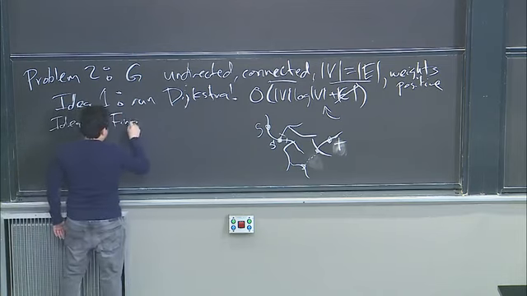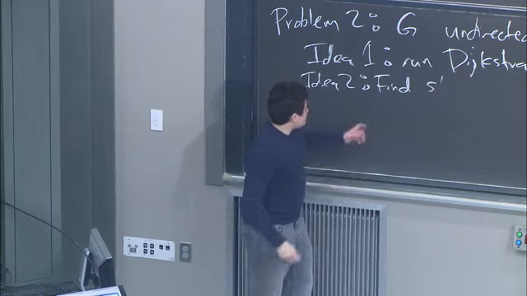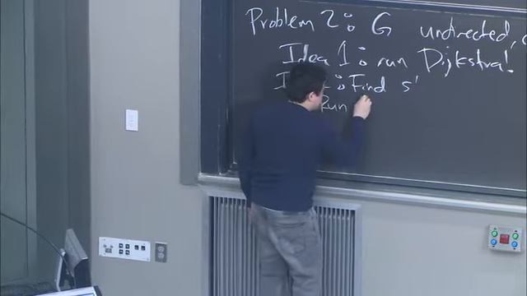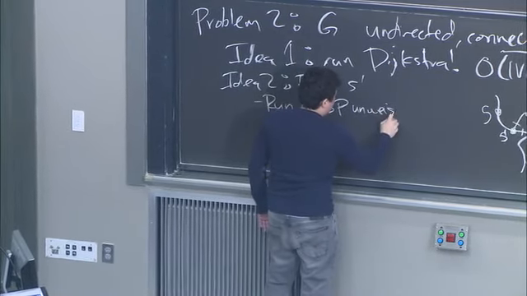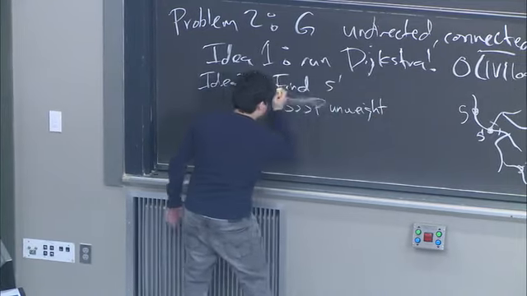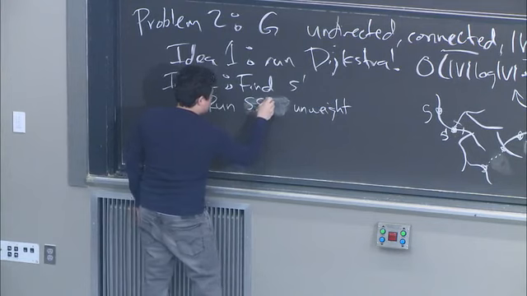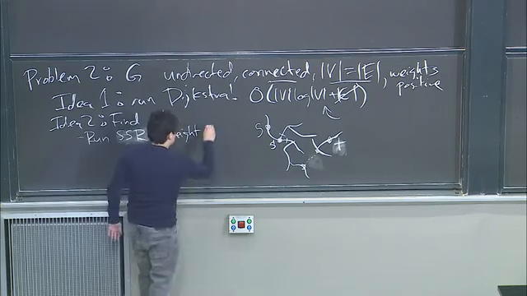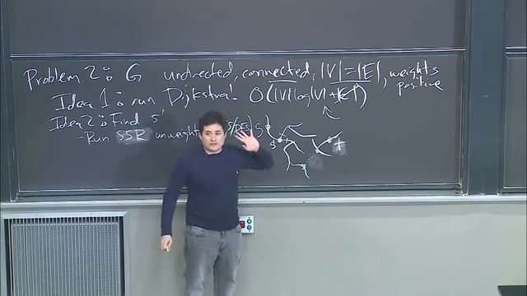First, find S prime. And I can find S prime by running a single source reachability, unweighted, from S using BFS or DFS to explore a tree of my graph.